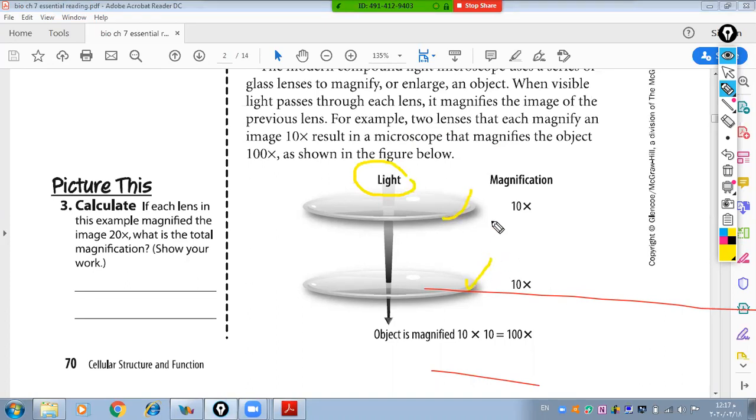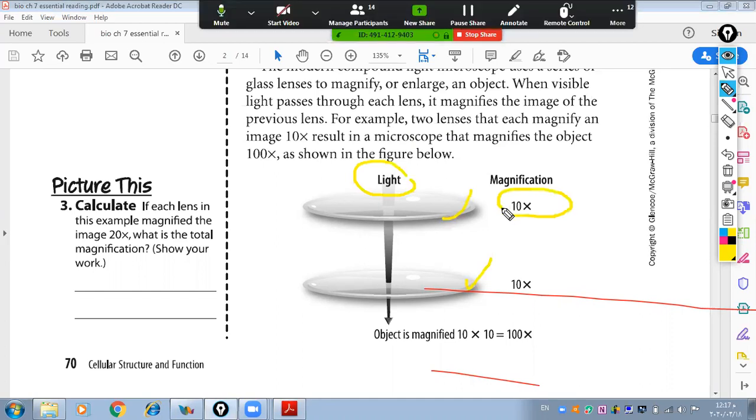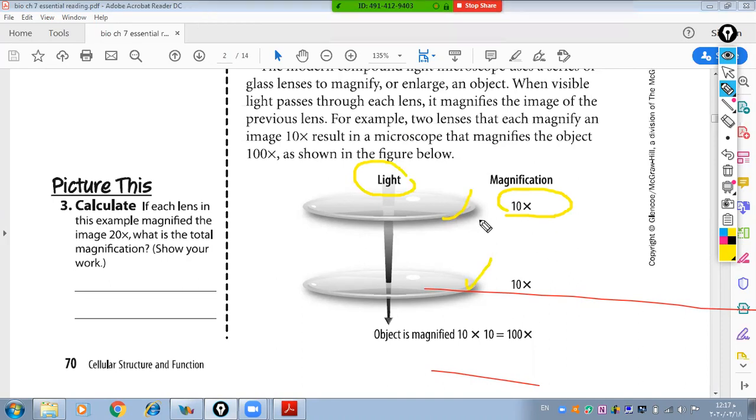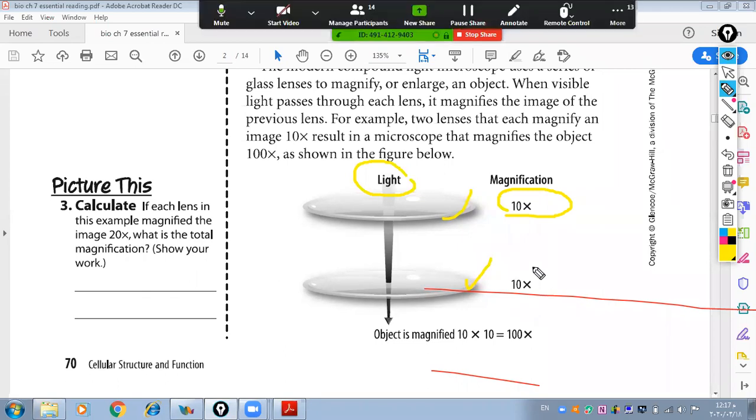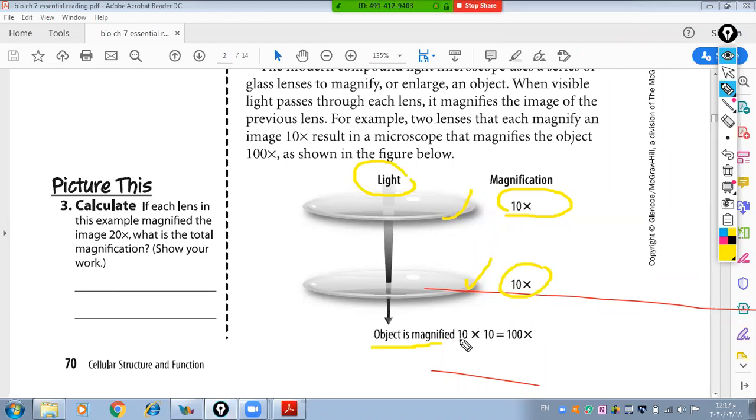This lens has a magnification of 10 times, so it magnifies the object 10 times its original size. Then the second lens magnifies the image from the first lens also 10 times. So the object is magnified 10 times 10 equals 100.